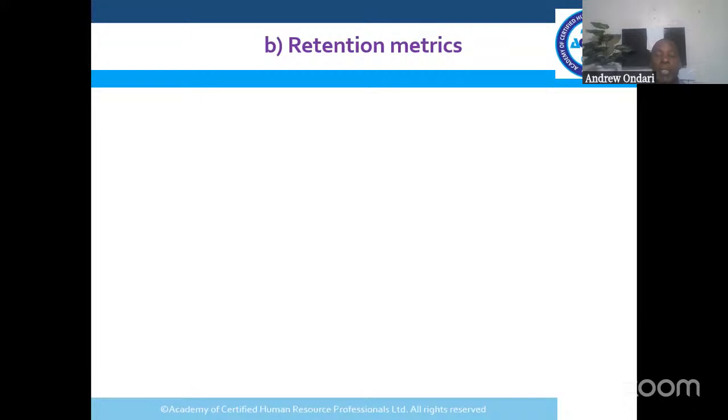So what are these strategies that we can use to retain people before we go to the metrics? One is training and development. 2 is promotion. 3 is recognition. 4 is conducive work environment. 5, participation and involvement.